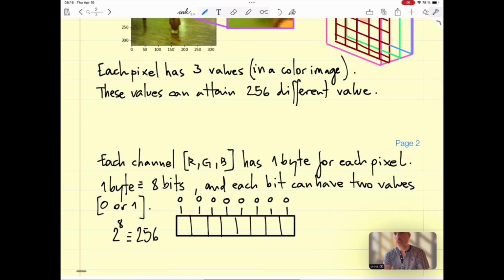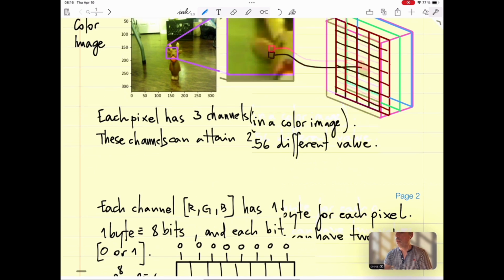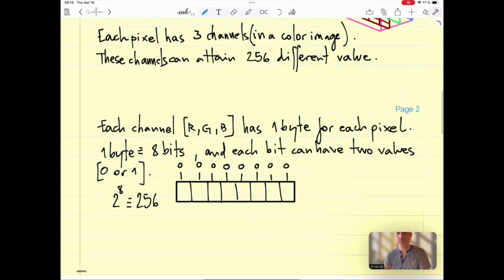Any questions so far? So 3 values, or better, 3 channels. No questions? Everything good?